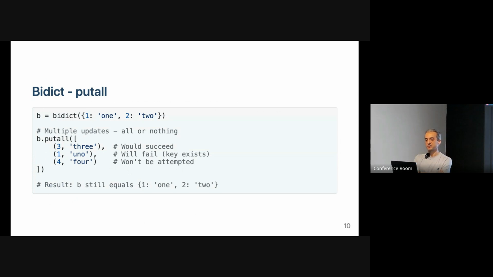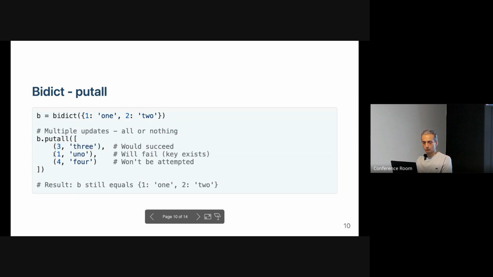BiDict has this putall function, right? Which you can use to add a list of entries to the BiDict, right? And it might fail at some point. So have a look at this example, right? We have 1 and 2, and then by the time we want to add 3, it's all good.